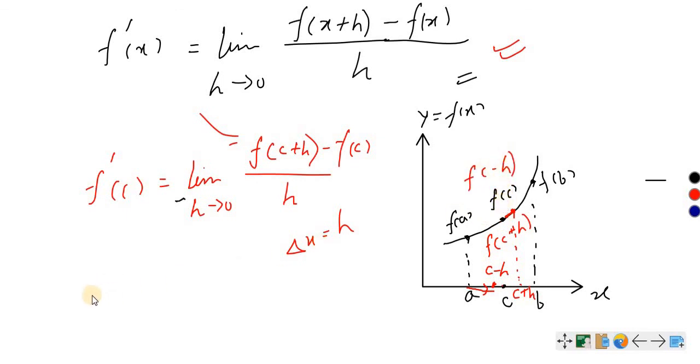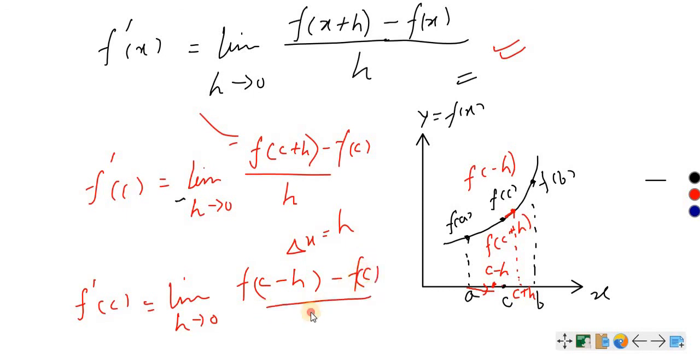So for the left hand limit, I can write the derivative of the function at point c equals limit h tends to 0 of f of c minus h minus f of c, by h. I can also write it in this way. Fine. For the right hand side we write this, and for the left hand side we write this.